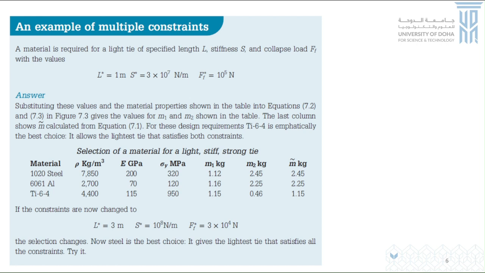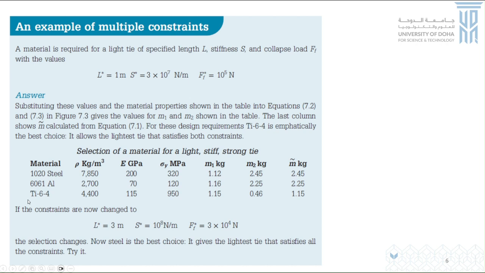Let's say I have only a short list of candidate materials. I'm not using the full Granta database because I want to show you some numbers. So I have three materials: AISI 1020 steel, 6061 aluminum, and titanium 64.